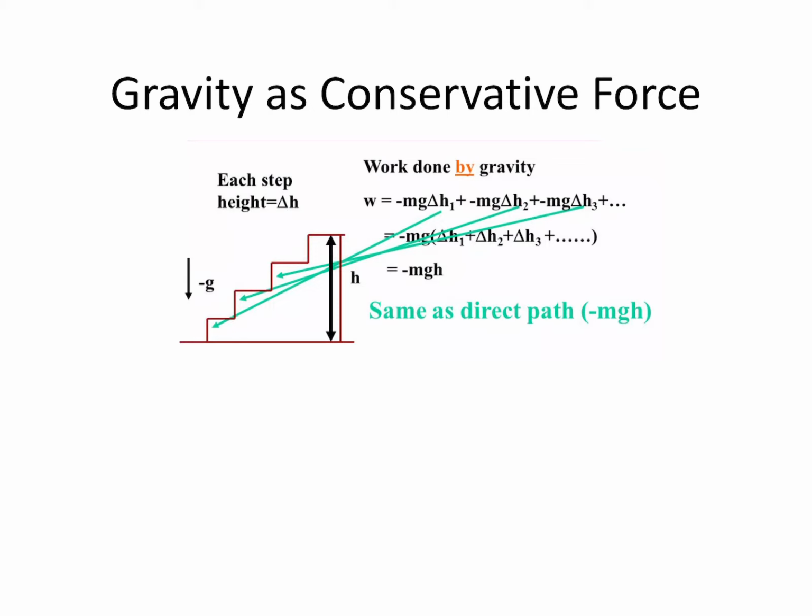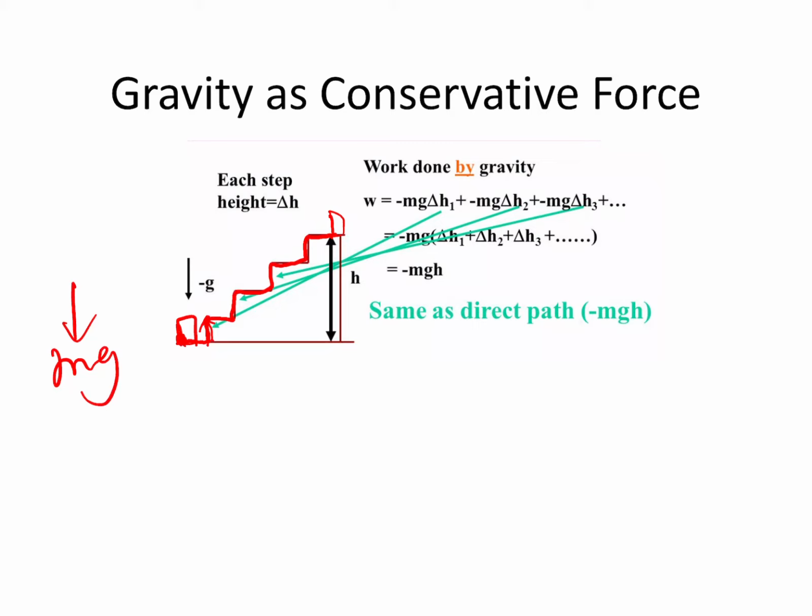So you have a box here, you want to move it to here. Now you have a stair. Let's assume this object is very small. You can follow these stairs and go there. Then what will be the work done by gravity in this case? Gravity is always pointing down, mg, and your displacement here is pointing up.